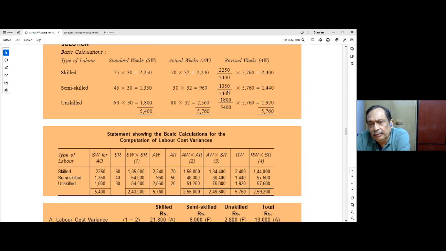Since here it is given in weeks, we are going to calculate in terms of weeks.